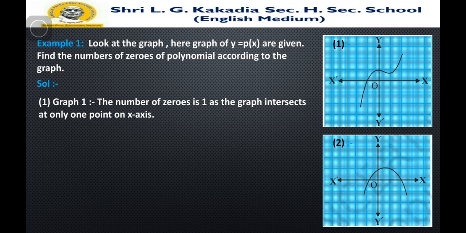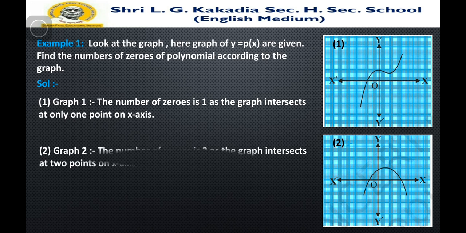Now for the second graph given here, you can see that this downward parabola intersects the x-axis at 2 points. So the given polynomial has two zeros.